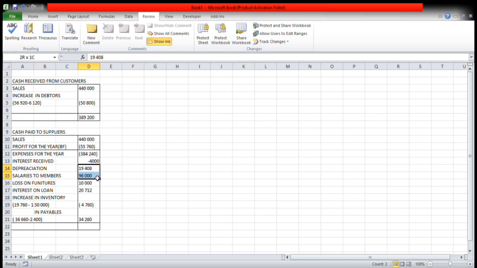We're going to add salaries, loss, and interest, less the increase in inventory, and add this one for payables. We're also going to less the interest received and the expenses for the year to get the total for cash paid. Let me write increase, I forgot to write increase. Start with the positive in order to get the total.